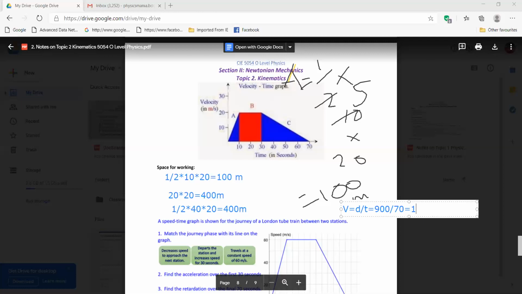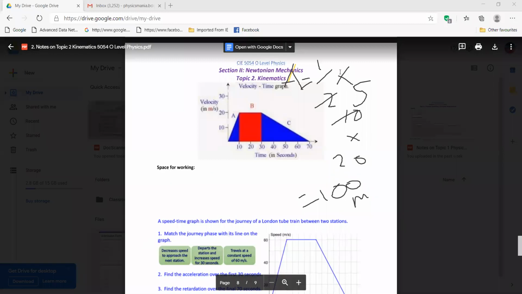Wait, let me take the calculator. 12.85. Okay, 12.85 meter per second, right? So you can solve the questions this way. This part is done by me. I will ask you the next part.